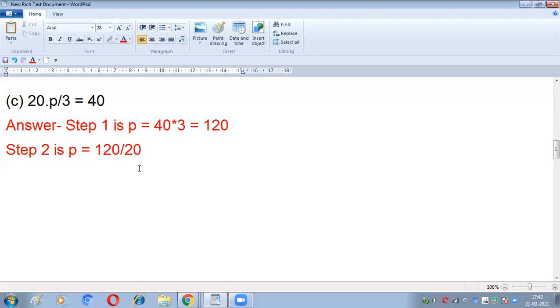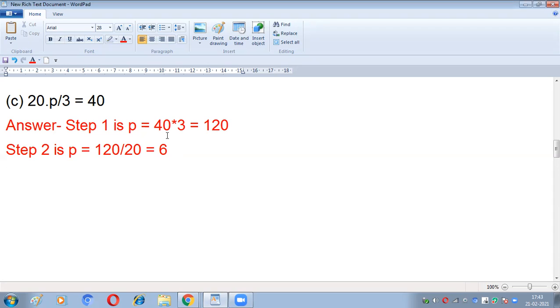The sign will change. So 0 and 0 cut, and 12 and 2, 6 multiplied by 2 is 12. Done, so our value for P will be 6.